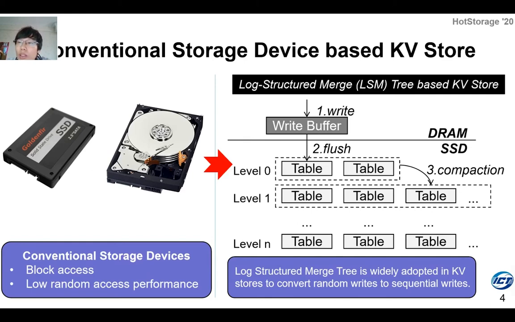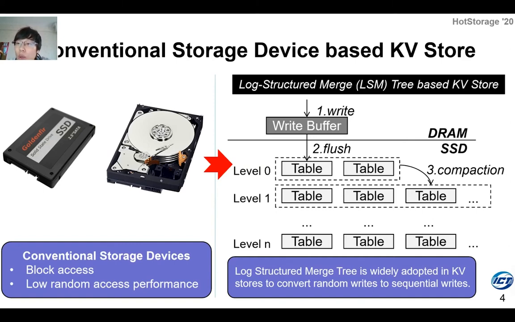LSM tree-based stores write data to a buffer in memory, then flush data to SSD when the buffer is full. In this way, LSM tree-based key value stores convert random writes to sequential writes. It achieves better throughput due to the better sequential access performance of conventional block devices.